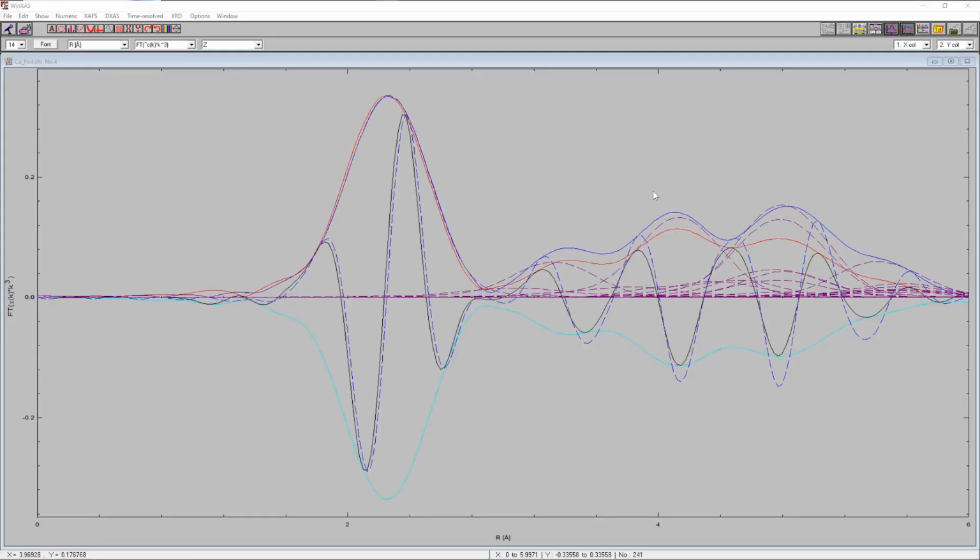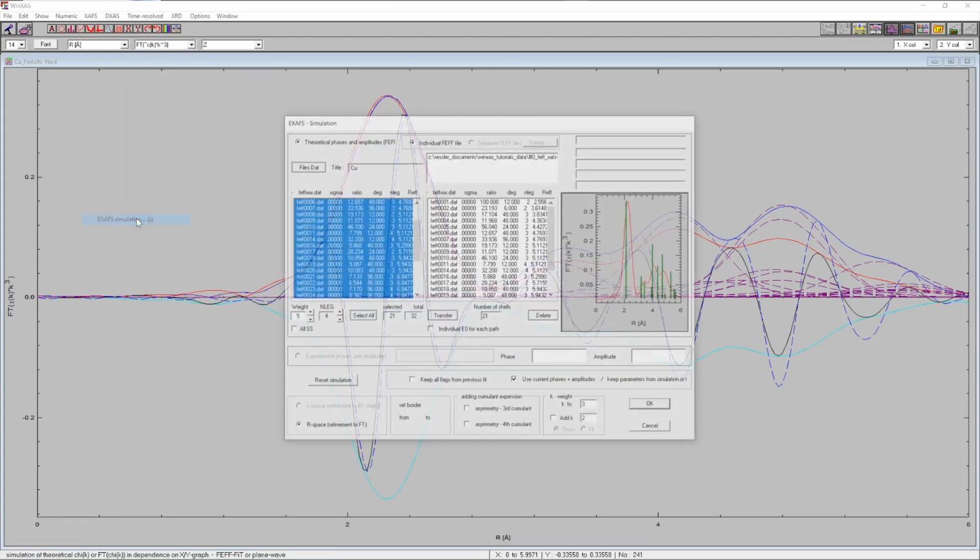So in the next step, we want to adjust the Debye-Waller factors of the single scattering shells by hand and see if a good agreement between experiment and theory, in particular at higher distances and in the amplitude, can be achieved. So we are going back to simulation.